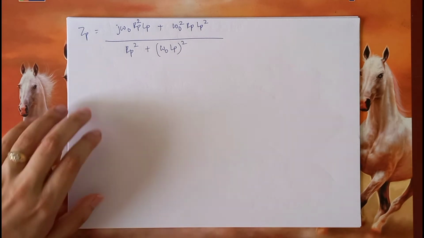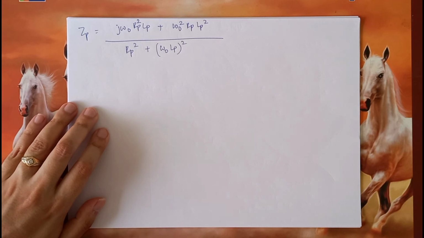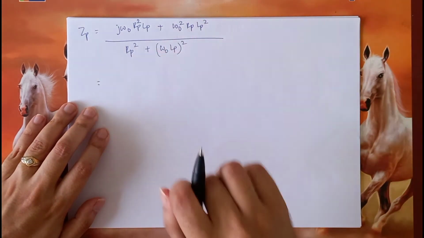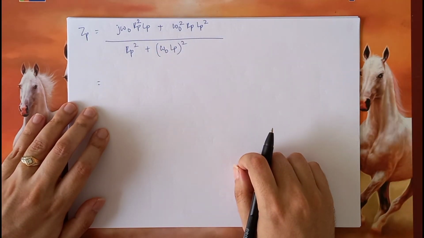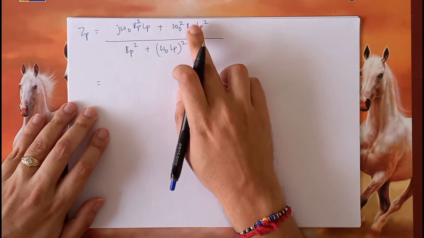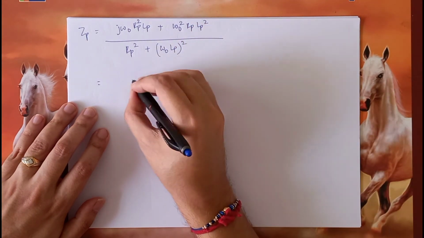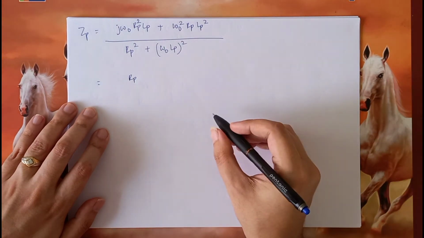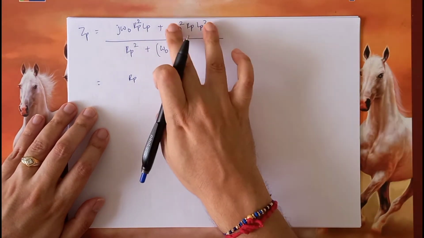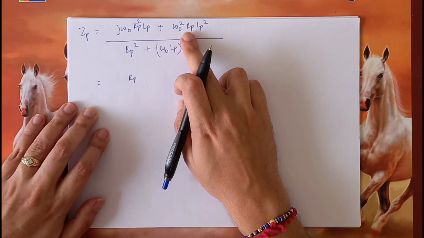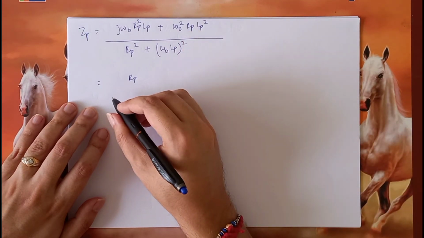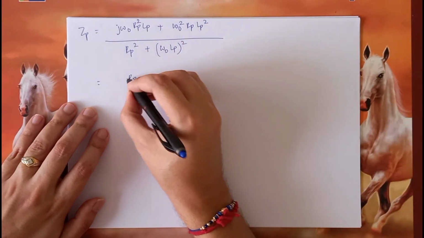So now let us write the real part first. Let us say that I keep only the RP in the numerator for this term, and this omega 0 square term and LP square term I am taking as common.